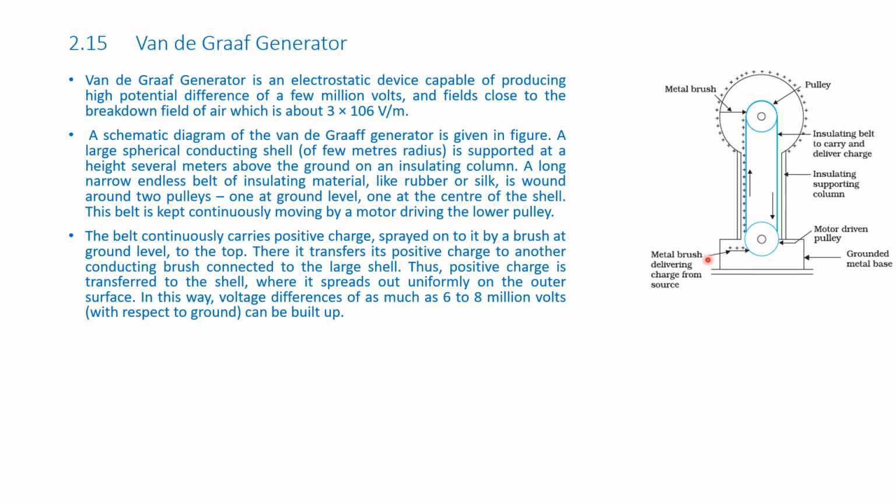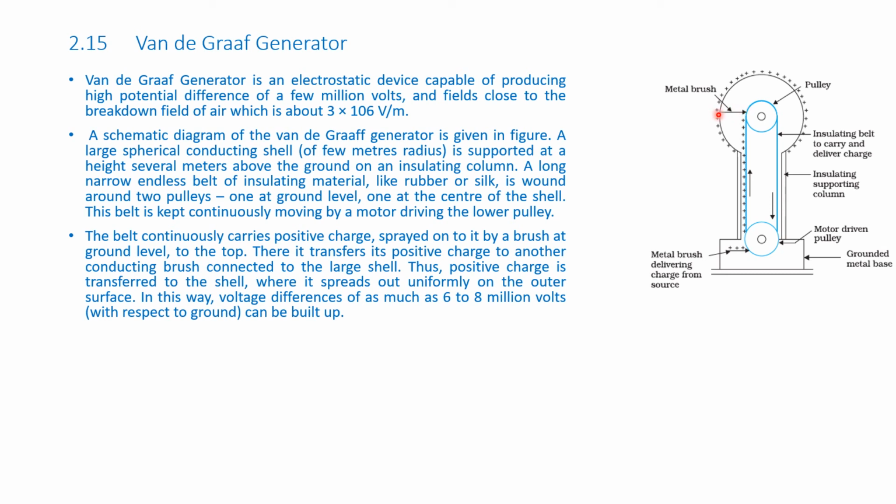As we are delivering charges here, the belt continuously carries positive charges. See, positive charges are moving from here to the upper pulley, sprayed onto the belt by a brush at ground level and carried to the top. There it transfers its positive charge to another conducting brush connected to the large shell. This brush transfers charge from this place to the bigger shell.